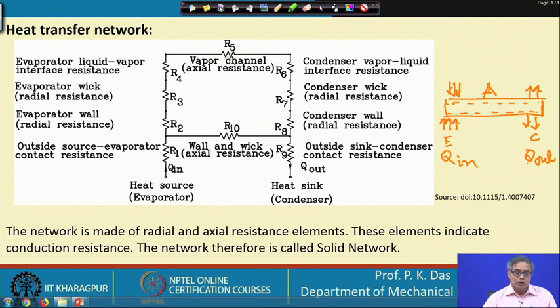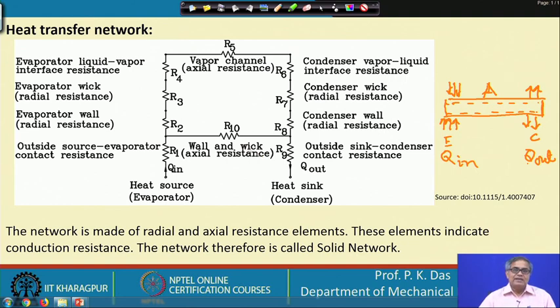The heat that is going from here is coming to the condenser vapor liquid interface resistance. Then there is condenser wick material interface resistance, condenser wall resistance. Now, it has reached the condenser, and then it will go to the surrounding through this extra resistance, which is outside the wall or just adjacent to the wall, between the wall and the surrounding.